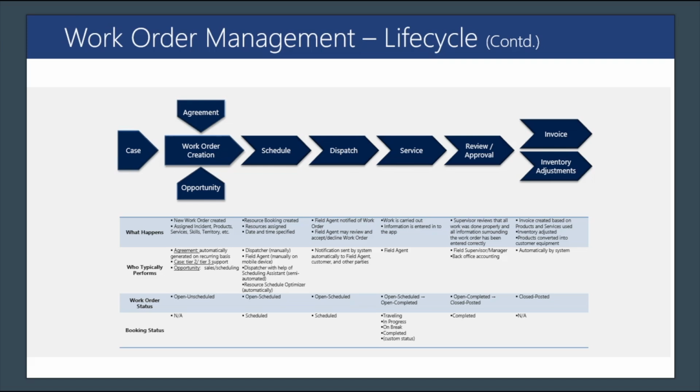And you would go about doing that for each of these steps of schedule, dispatch, service completion. Perhaps you have a review and approval step in your workflow that you would want to account for. And then the subsequent closing and invoicing and perhaps inventory adjustment processes that need to be accounted for.